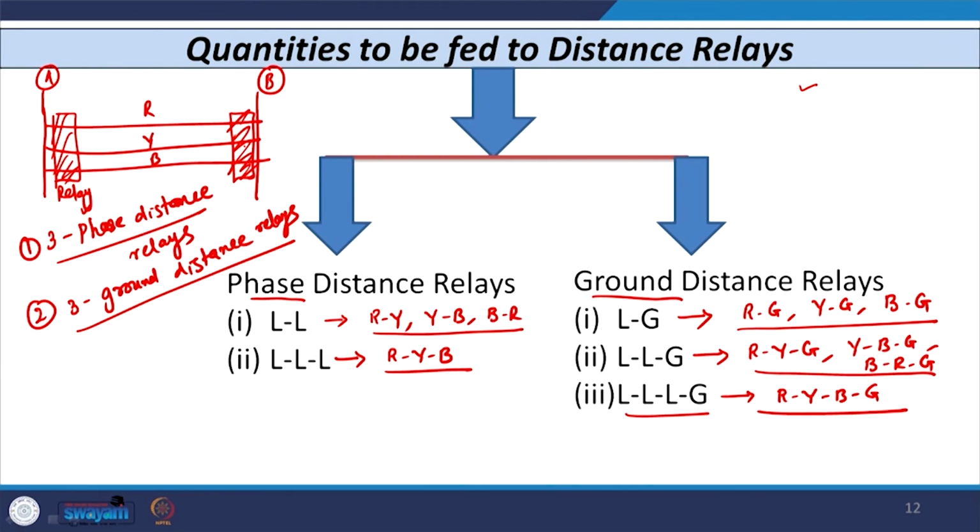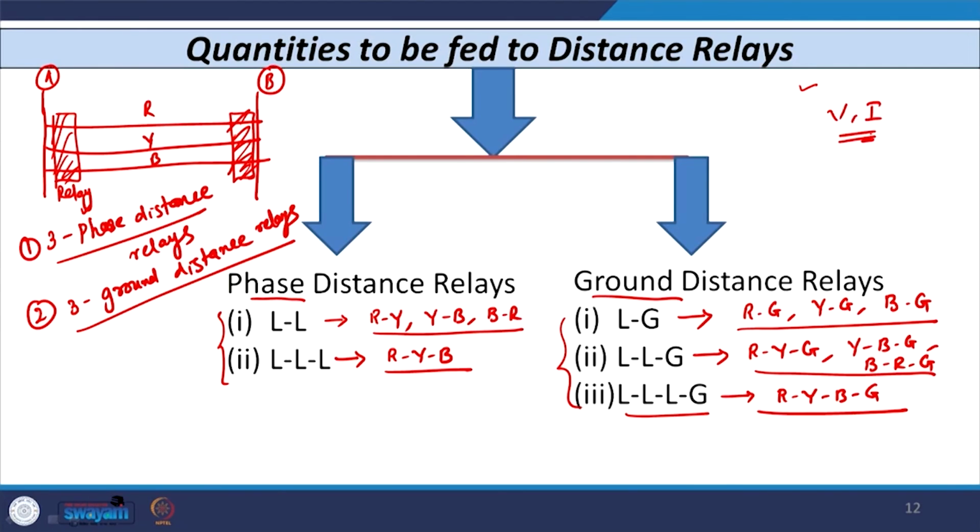Now, when we consider phase relay and ground relay, phase relays are meant for phase faults and ground relays are meant for ground faults, so we have to provide some quantity to the phase distance relay and some quantity to the ground distance relay. Whenever we install the relay, the input we give to the relay is only voltage and current.